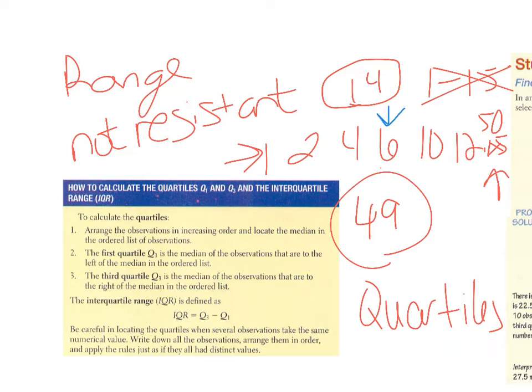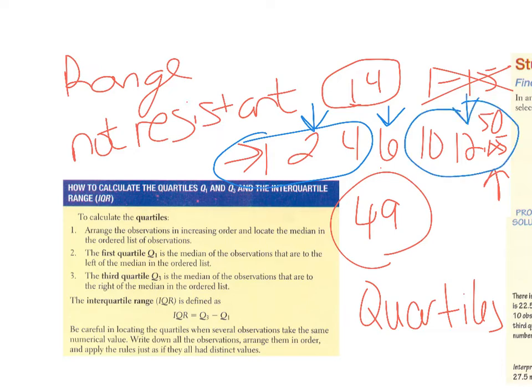Basically what we would be looking at is the data from the middle of this side, and then the data from the middle of this side. So when we're looking at quartiles, we are looking at this chunk of the data, which would then eliminate your outliers. So when you're looking at quartiles, you have a more resistant form of measurement.